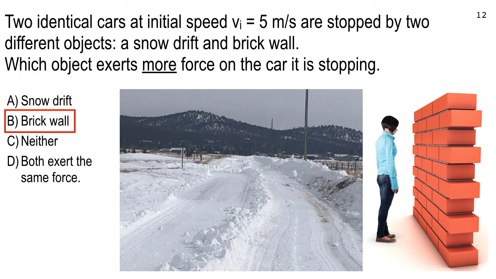And what is delta V over delta T? Acceleration. And they're identical cars, so the mass is the same. So F equals ma, no matter how you look at it, in terms of bashing in the front end or in terms of delta V over delta T, F equals ma is bigger for the brick wall. All right? Now, next question.